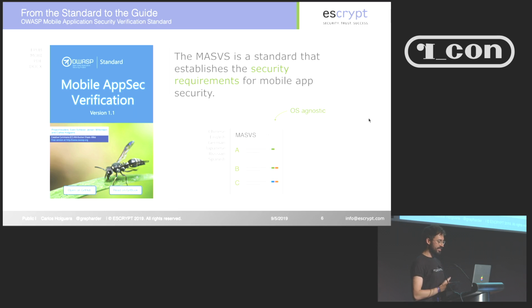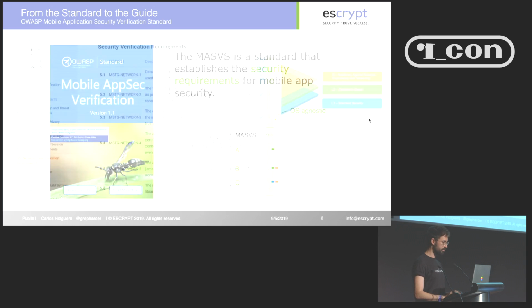The point is the security requirements are agnostic from the operating system. So they are not talking about Android or iOS, but rather in general. And then you have to apply them to those. And we will see how this is done.